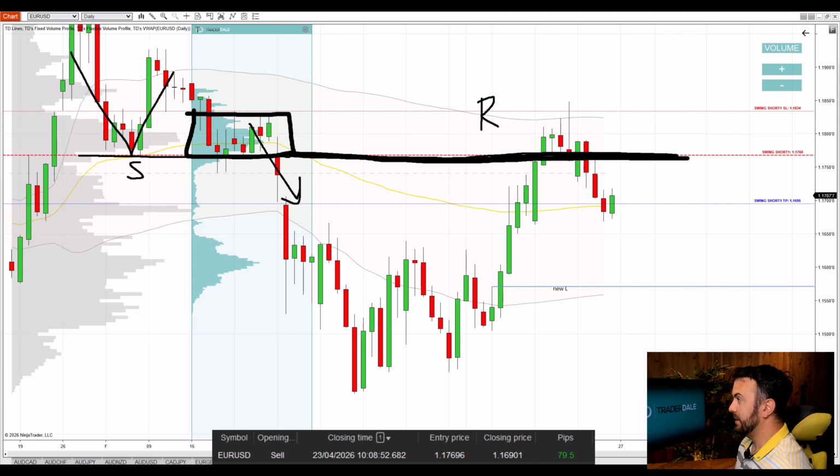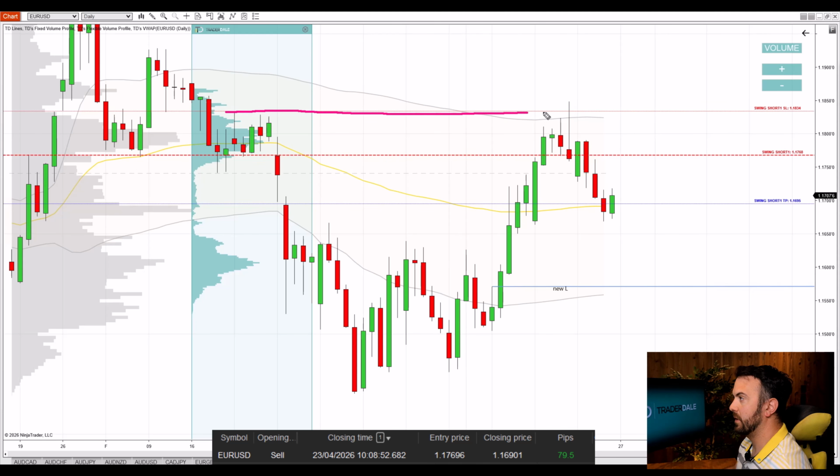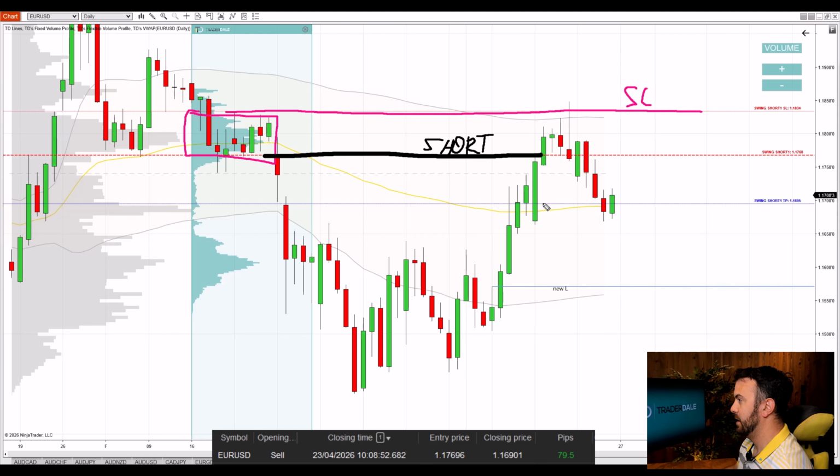Now, regarding the setting of the trade, I placed the stop in here. And the reason why I placed the stop at this level was because it was behind this heavy volume cluster. All right, so this was the stop loss right here. This was the entry, and my take profit was in here.